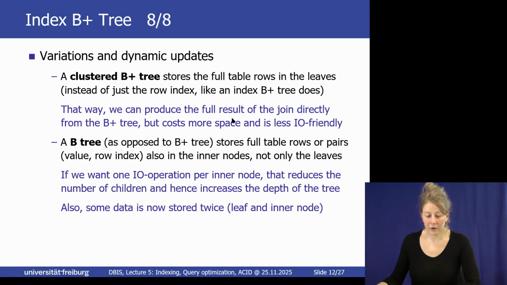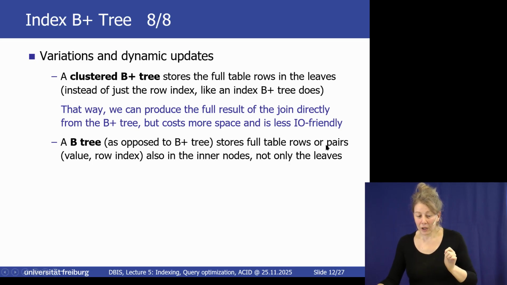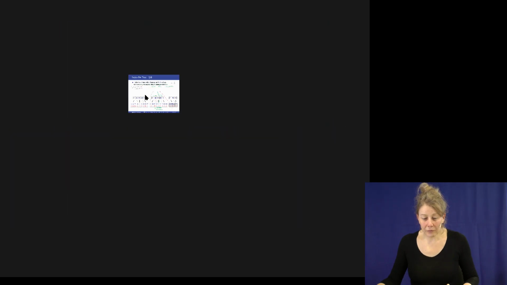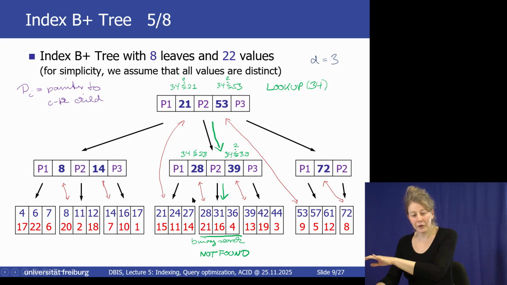B-tree, as opposed to B plus tree, it just stores things also in the inner nodes. So here the inner nodes were different from the leaves. The data is only in the leaves, which means I can only go through the leaves to have the whole data.